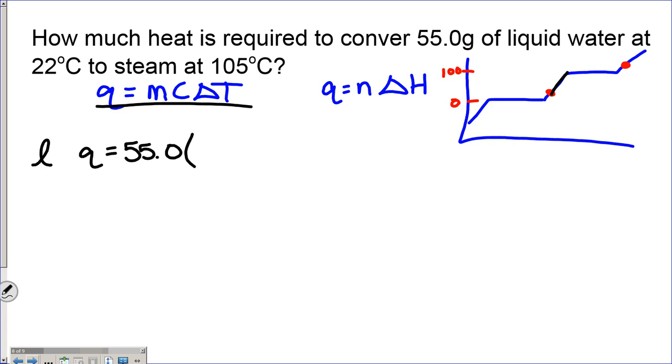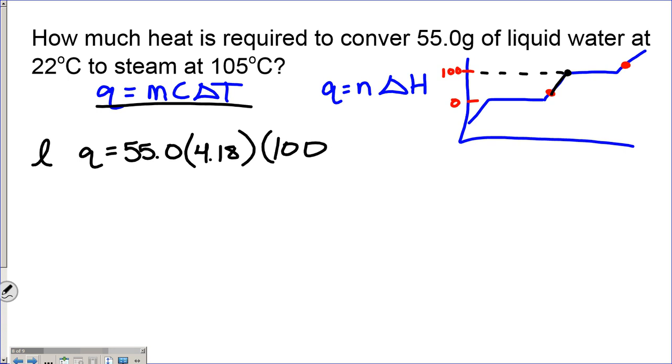Our C, since we are liquid water, is that 4.18 joules divided by grams times degrees Celsius. And here's where people tend to mess up: that temperature change. Remember, temperature change is final minus initial. You have to pay attention to the final temperature that the liquid water can reach, which is 100. Once it goes above 100, it changes phase.